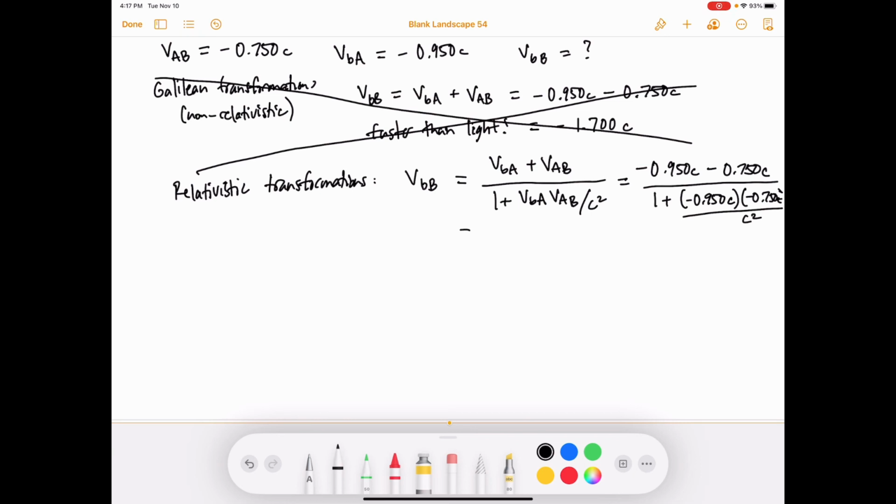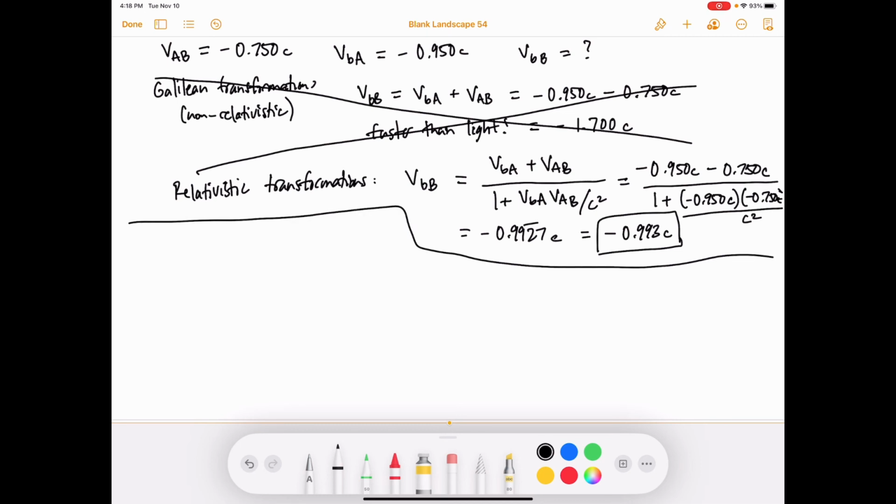And if you work this out, it comes out to minus 0.9927 c. And the negative sign just indicates we're moving to the left. So 0.993 c when we round it. Okay, so this does not have us traveling faster than light. Everything checks out here.